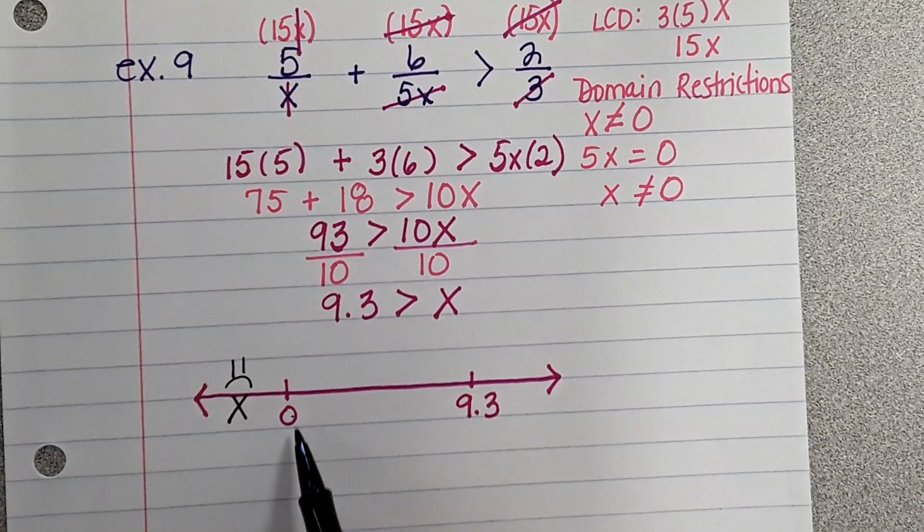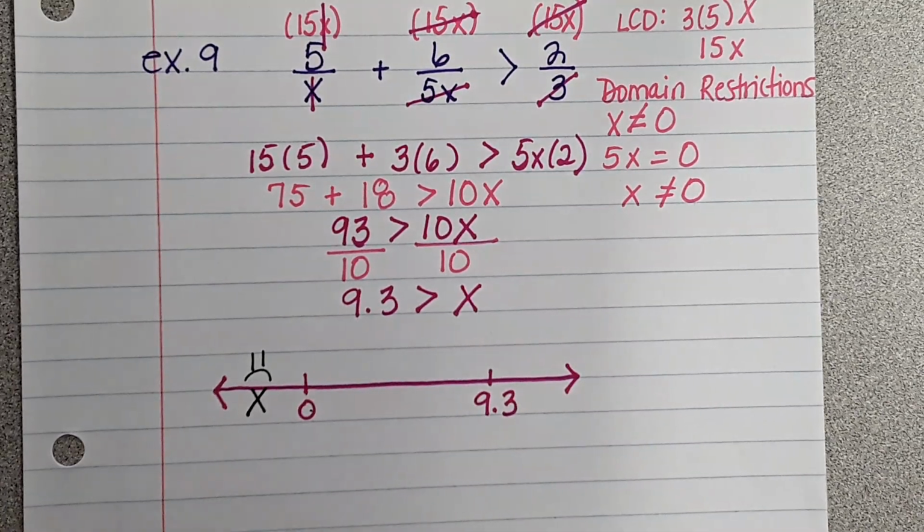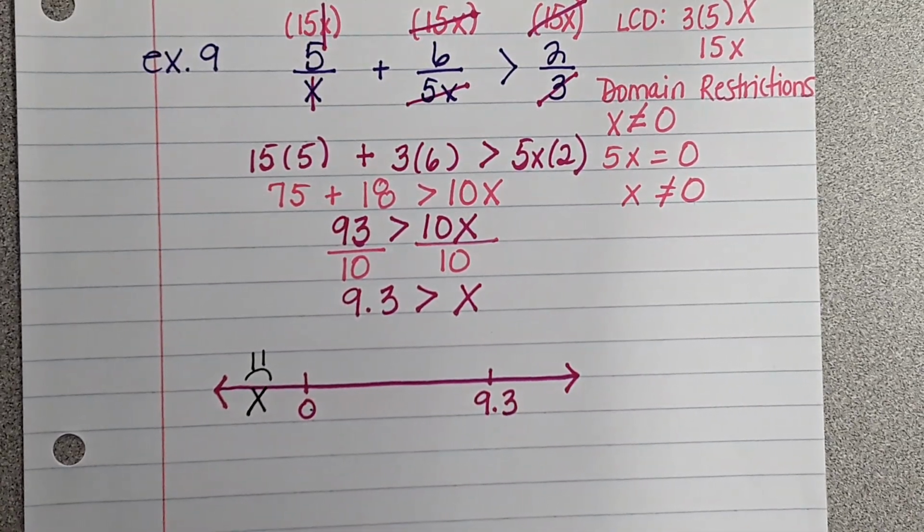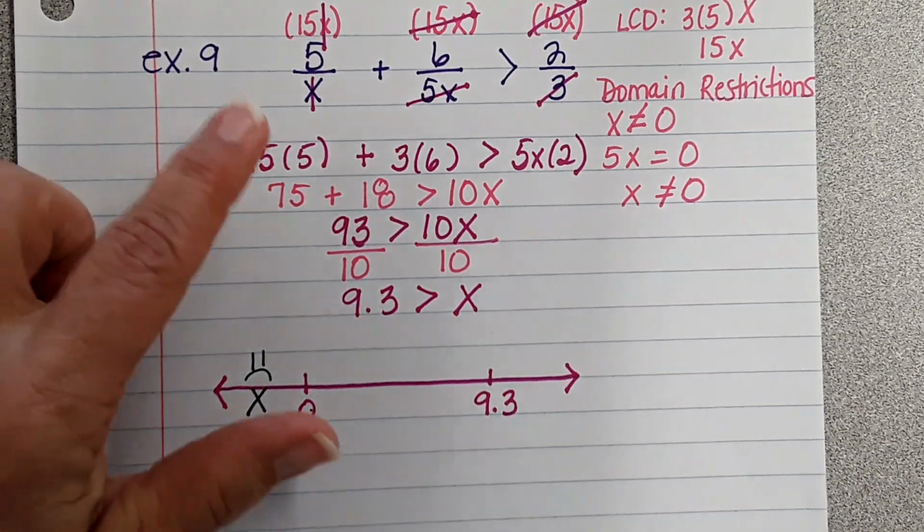Now let's pick a number between 0 and 9.3. What's a number between 0 and 9.3? 5. Our x is 5. Okay, so wherever we see an x, that's what we're going to put. We're going to put 5.